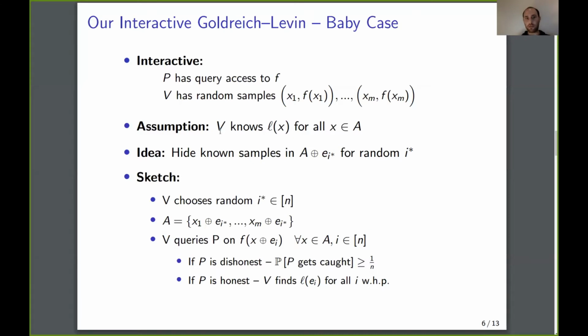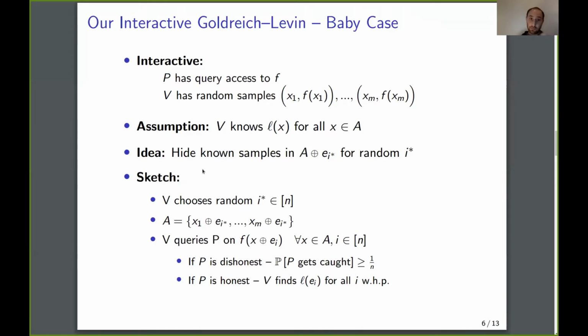So again, we're going to have this assumption from the baby case, which is that the verifier knows the value L of x for all x's in some subset A of the domain. And in the next few slides, we're going to define what A is and eliminate this assumption.